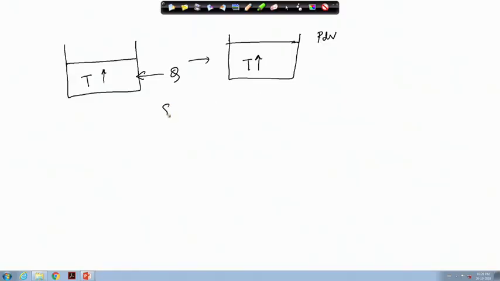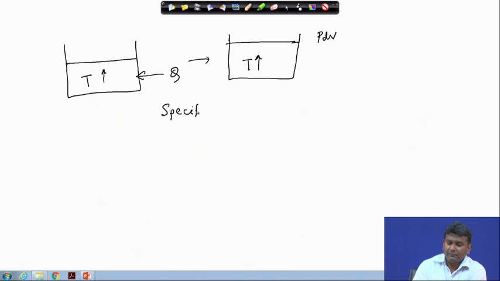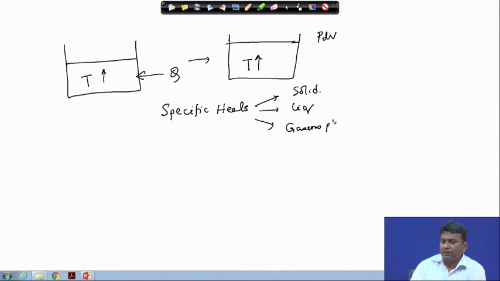Bottom line is, to calculate this you need 5 parameters: the specific heats in the solid phase, in the liquid phase, and in the gaseous phase, and the latent heats of fusion, boiling, and reverse.